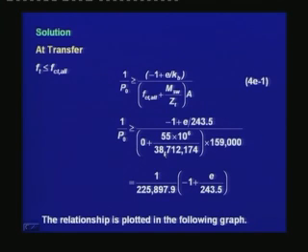That means we are not allowing any tension in this section, and area is equal to 159,000. Once we have substituted these values on the right hand side, we find an inequality relationship 1 by P0 should be greater than or equal to 1 divided by 225,897.9, then within bracket minus 1 plus e divided by 243.5.